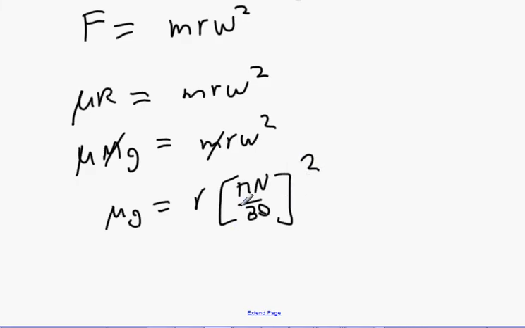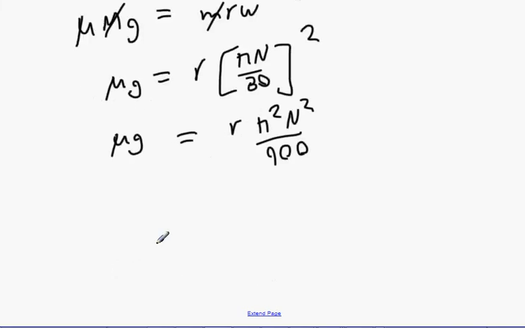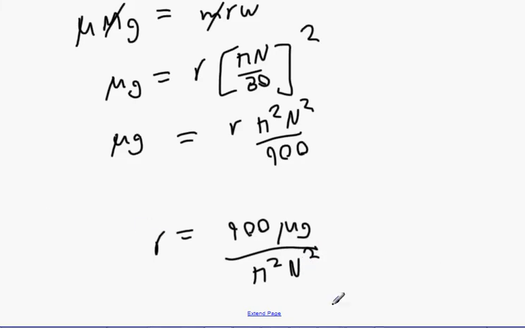So this is r times pi squared n squared all over 900 equals mu g. And then finally r equals 900 mu g all over pi squared n squared. Okay, and that's your answer for that.